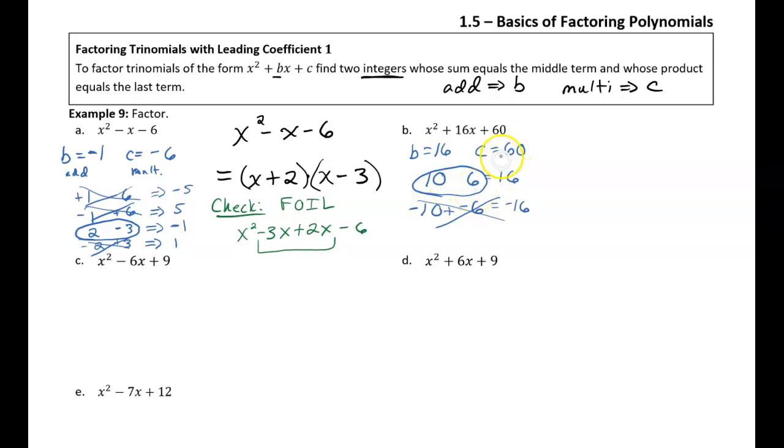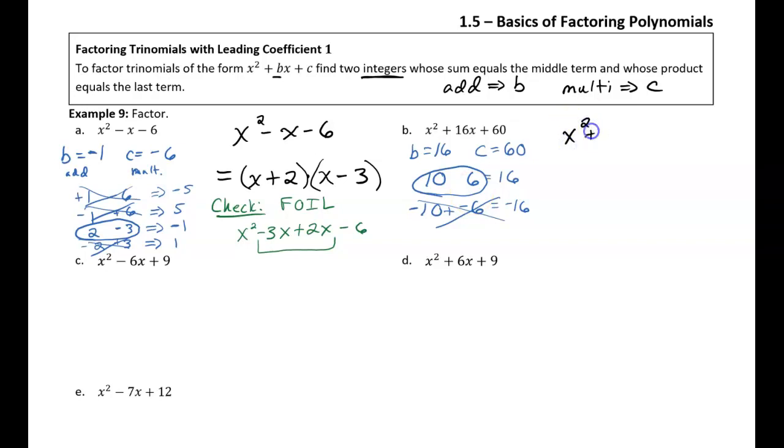It may have been some other values, right? It may have been 2 times 30 maybe, if a different value for b was given. So it all depends on the relationship between the two. And the more you work with it, sometimes you start to see patterns and you get to the values a little bit faster. But it takes a little time, so no pressure if it doesn't come right away.